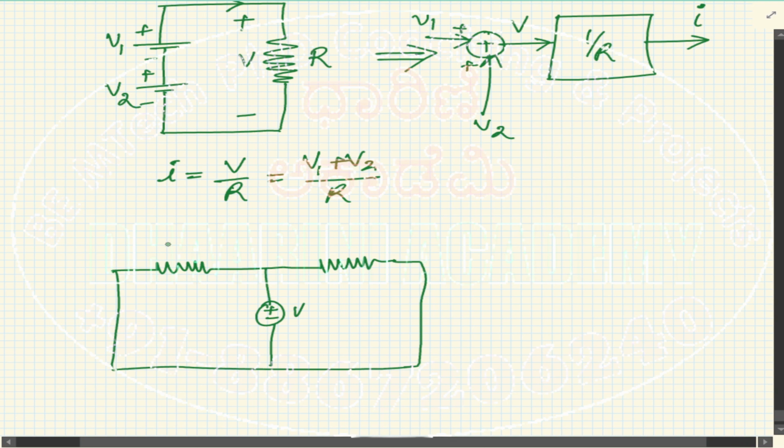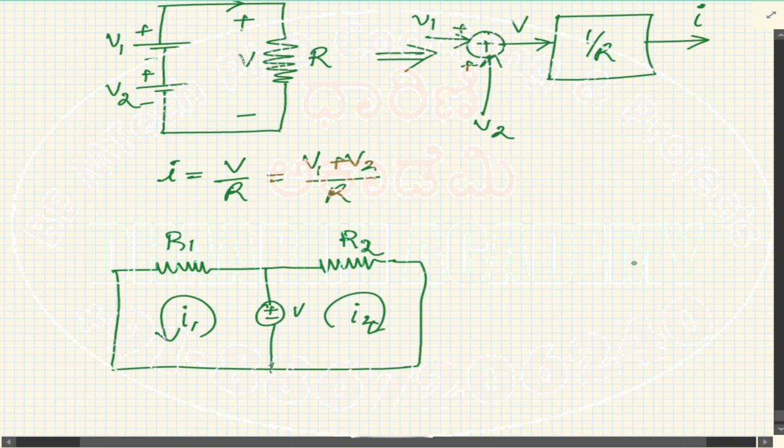Let's assume the names of the resistors are R1 and R2. Now I know that there will be outputs. What are the outputs? V is the input voltage. R1 and R2 are the two resistors connected, indicating that there will be a current I1 and I2, correct?